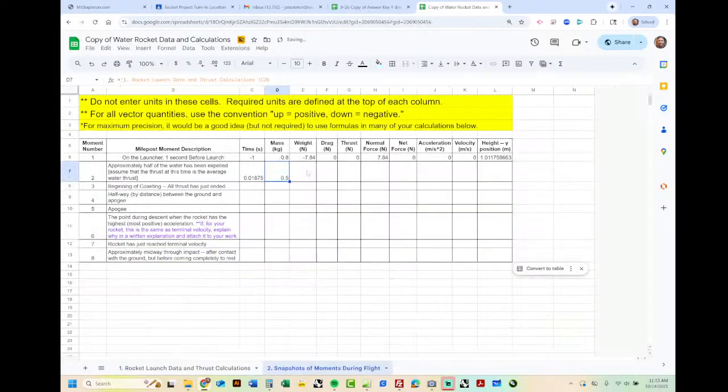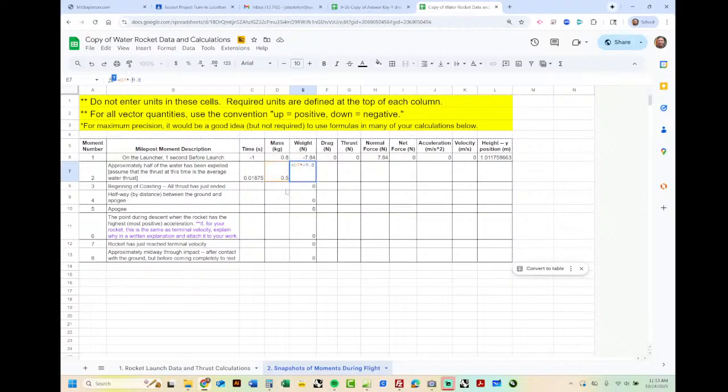Boom. Weight, assuming I have all these masses, I could just copy down the formula that I put in. It takes all my masses and multiplies by negative 9.8. So now I'm just checking negative D7, or I could change it to D7 times negative 9.8.